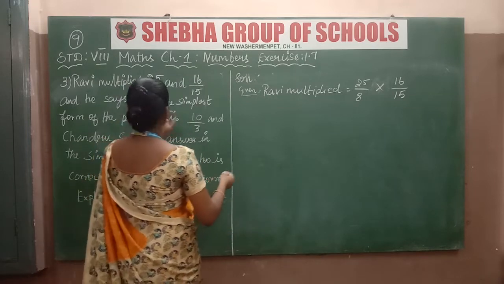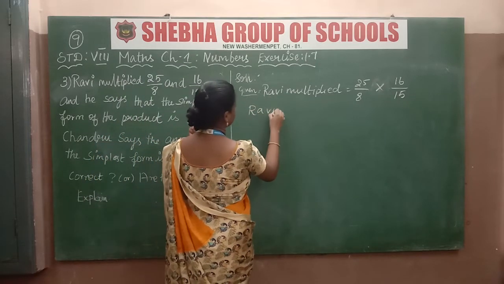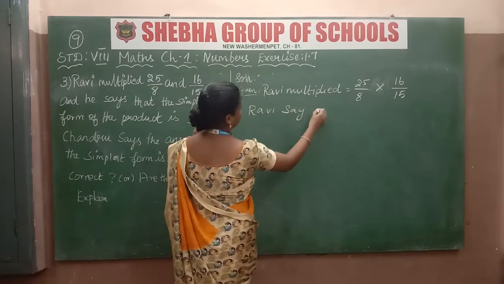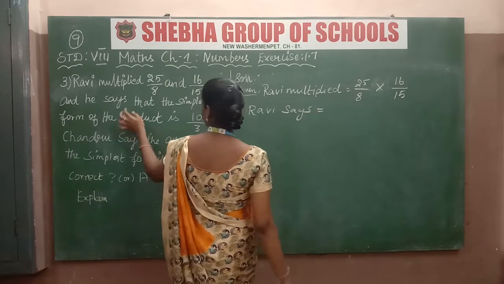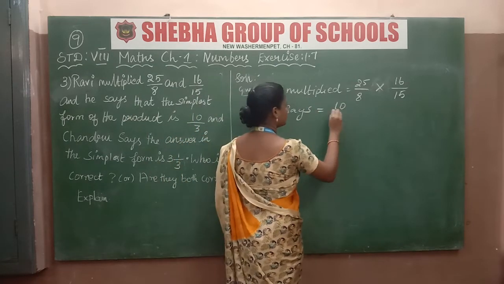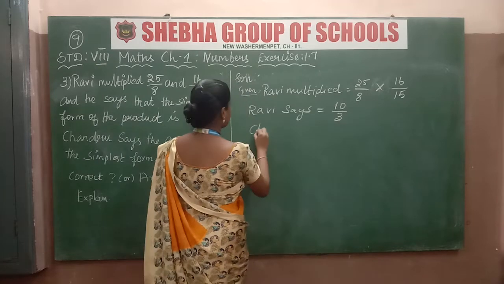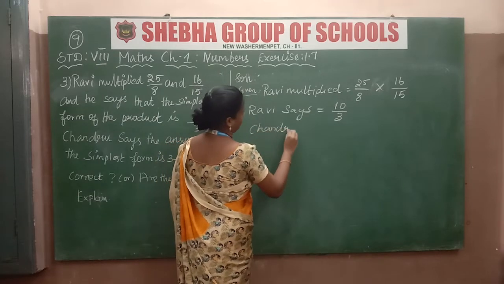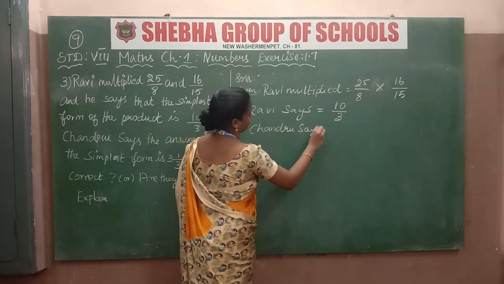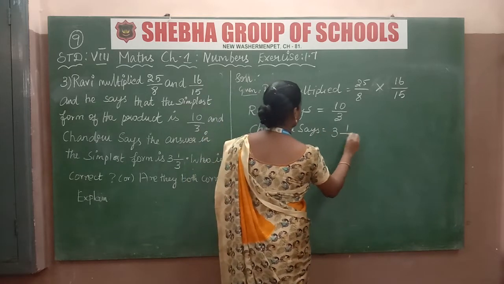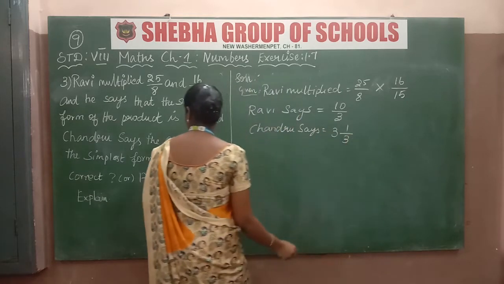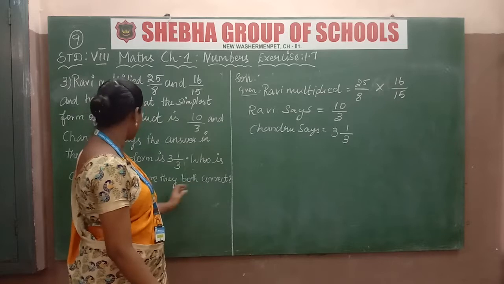Ravi says the value is 10 by 3. And Chandru says the value is 3 1 by 3. So we have to find who is correct or are they both correct.